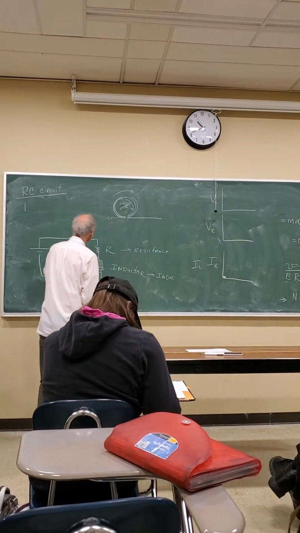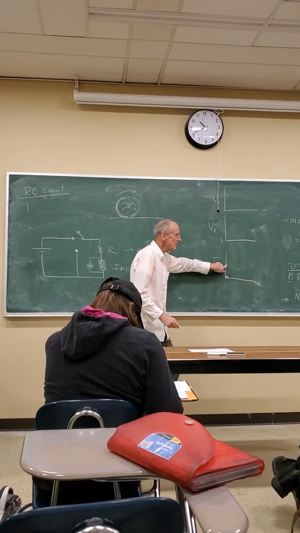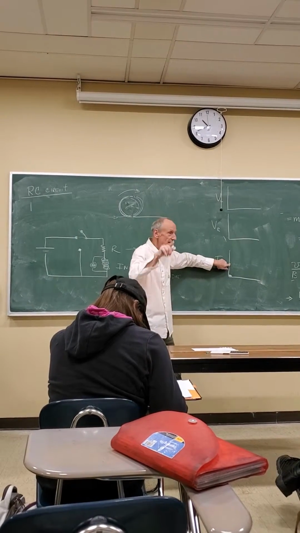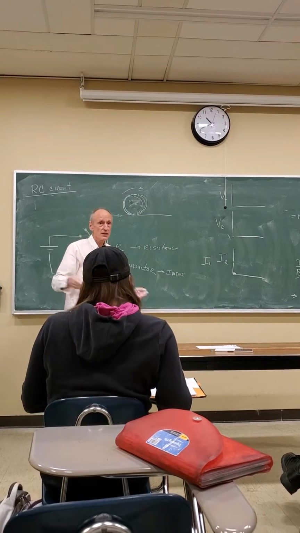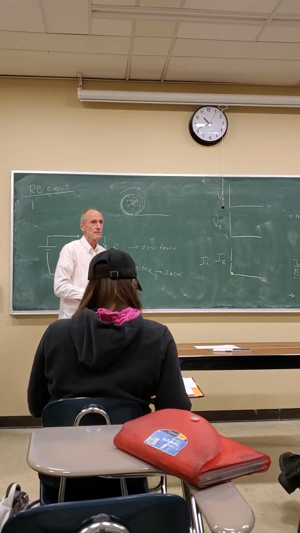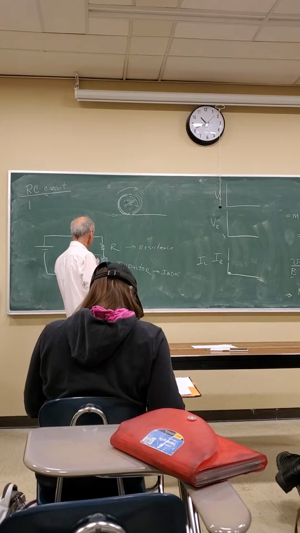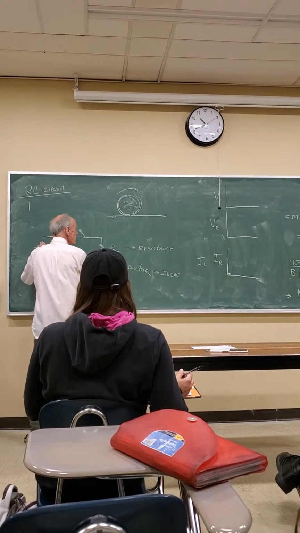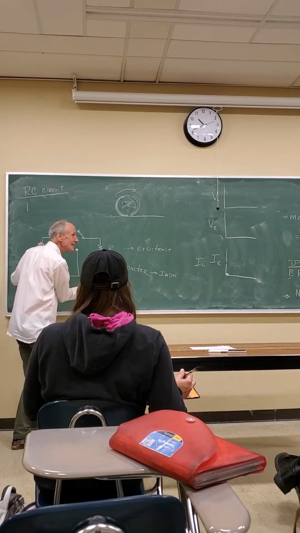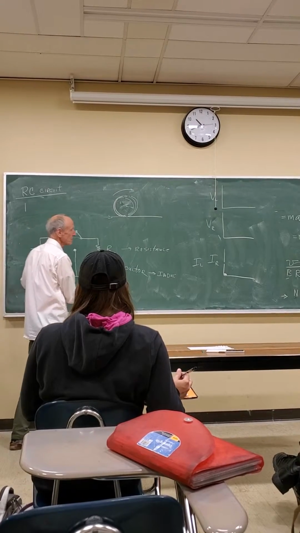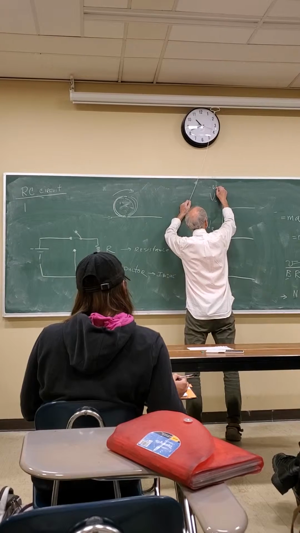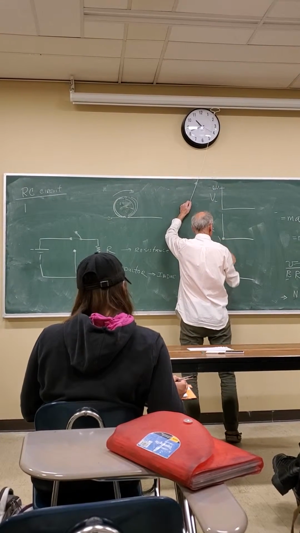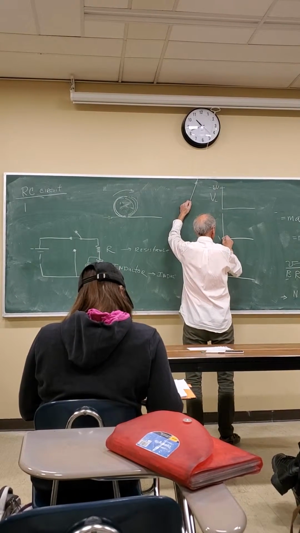Why? Because if the current immediately jumped to some value, that would be an infinite change in flux, a big change in flux in a very short period of time. So what happens is you try to do that, this jumps to the battery voltage, and for an instant stops the current. This goes to 6 volts, and this starts at 0 volts, and this starts at 0 volts.